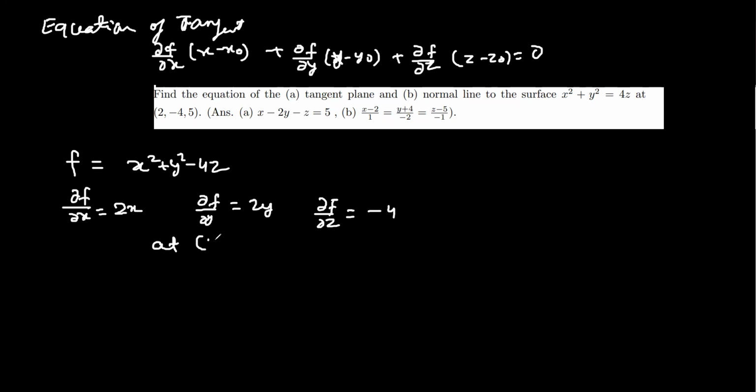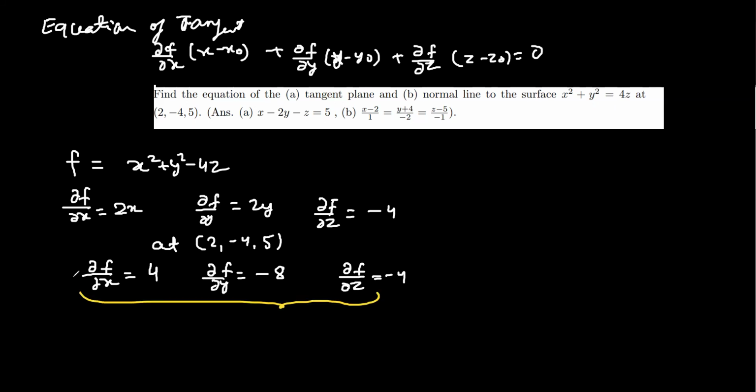So at point 2, minus 4, 5, this is 4, this is minus 8, and this is minus 4. Right?